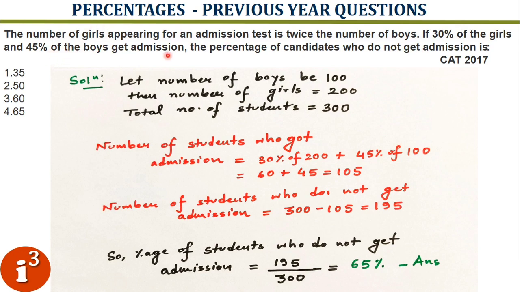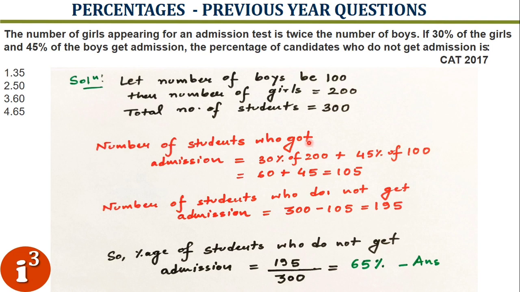So let the number of boys be 100. Then the number of girls is twice that, which is 200. So the total number of students is 200 plus 100, which is 300. It is our assumption; we can assume because there is no value given or asked, only percentage.